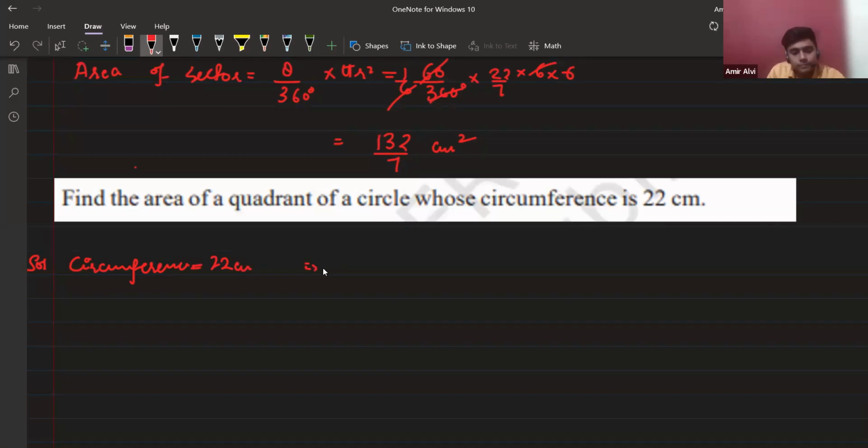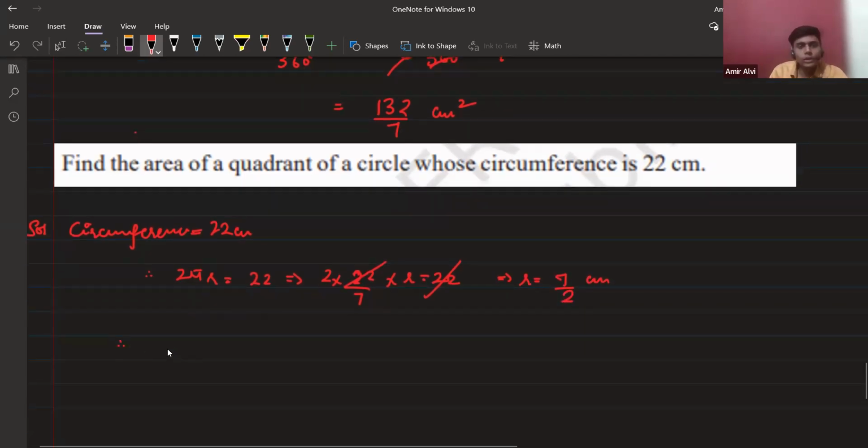So can I write 2 pi r is equal to 22? Yes or no, everybody? The value of pi can be taken as 22 by 7, into r is equal to 22. So this 22 will cancel out this, and we get the value of r as 7 by 2 centimeter. Clear, everybody? Now calculate the area of quadrant.